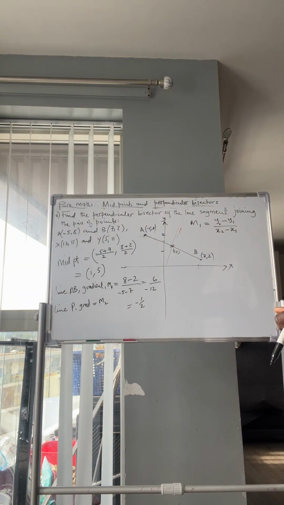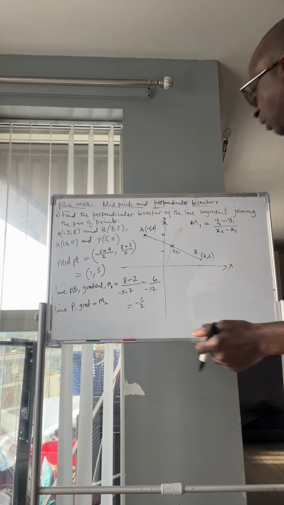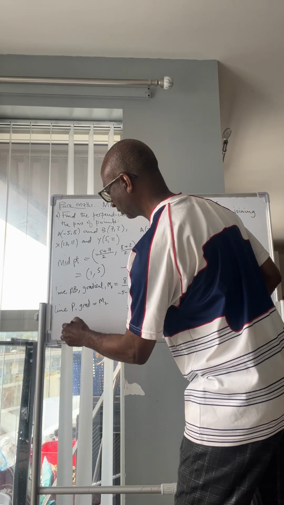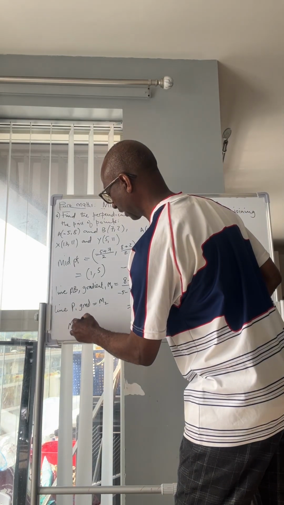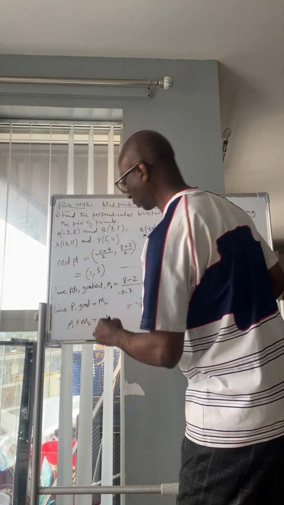We don't know what M2 is. What is M2? We already stated M1 times M2 is equal to minus 1.